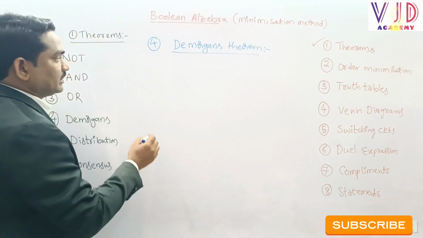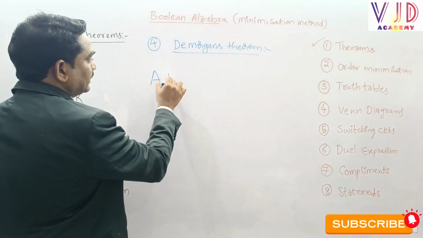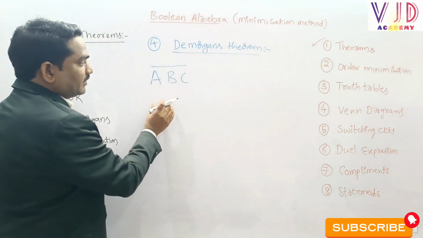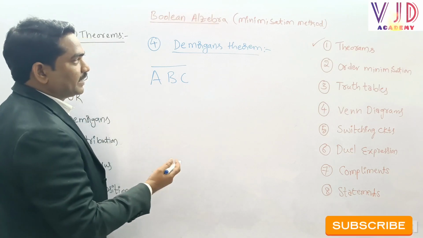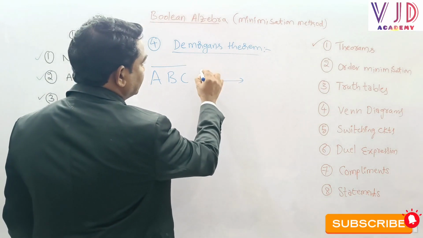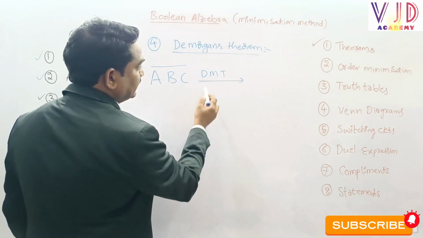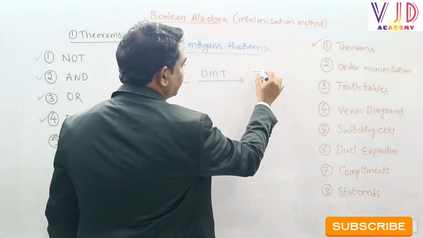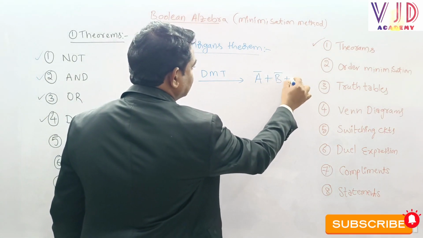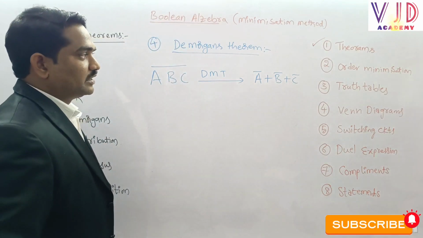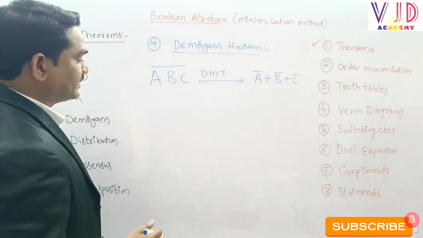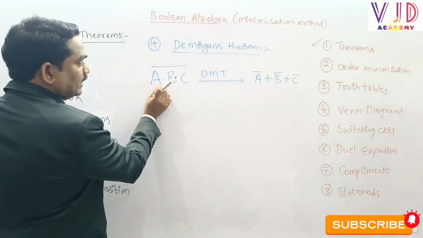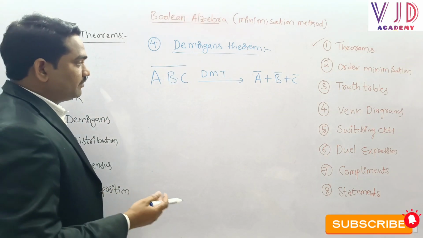Sir, let us try to understand. The moment when we get a logical expression, A into B into C whole bar, this is a logical expression. If you want to apply De Morgan's theorem here, DMT, which means De Morgan's theorem, automatically the logical expression will become A bar plus B bar plus C bar. So what is happening here, sir, in A into B into C, there is an AND gate between each and every individual element.